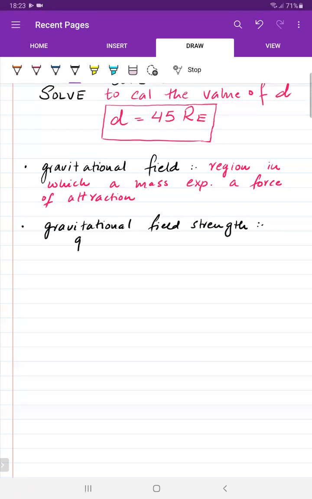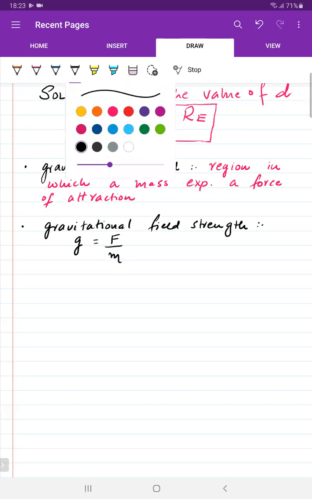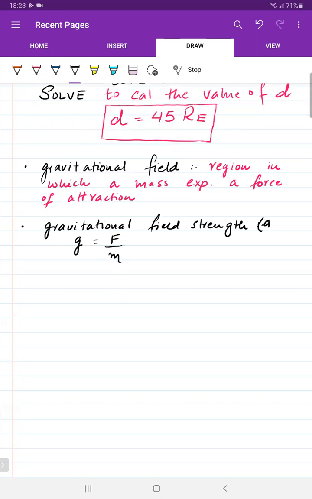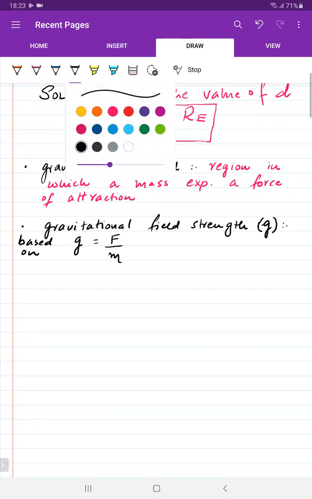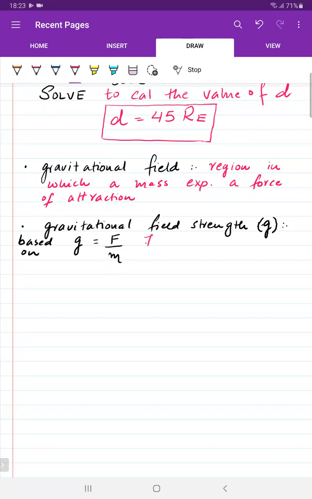Gravitational field strength, mind you, is G. So based on the formula, use the formula to obtain the definition. ठीक है, so gravitational field strength is G. So based on the formula, your definition would be force of attraction experienced by a unit mass.